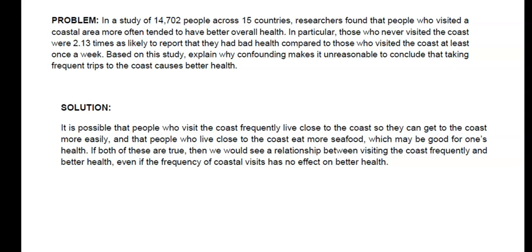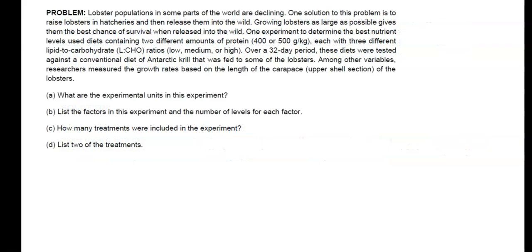Visit the coast, live close to the coast. Oh, so if you visit the coast a lot, maybe you're living close to the coast, which again could be that you are richer. You live very close to the coast. Both these are true, so you relate that to visiting the coast frequently and better health. So again, like eating, etc., lots of those things.